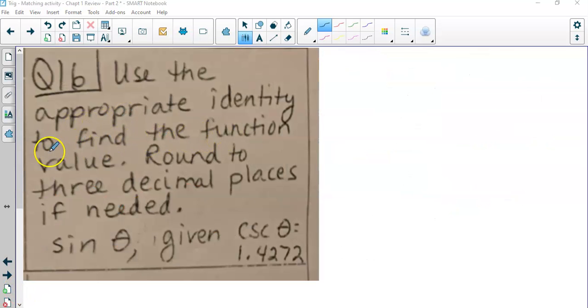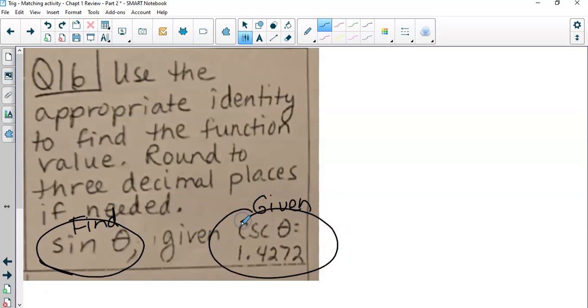Use the appropriate identity to find the function value, rounded to 3 decimal places if needed. Okay, so this one is a decimal. We did one earlier that was a fraction. We're looking for the sine of theta, given the cosecant.